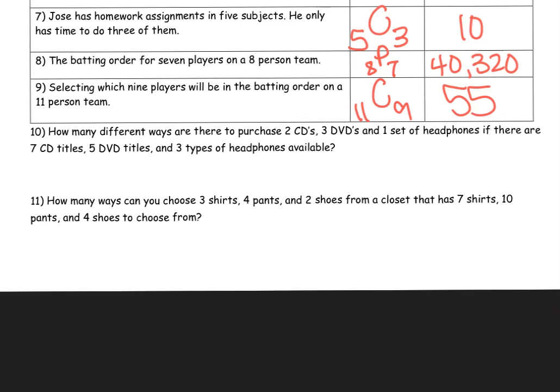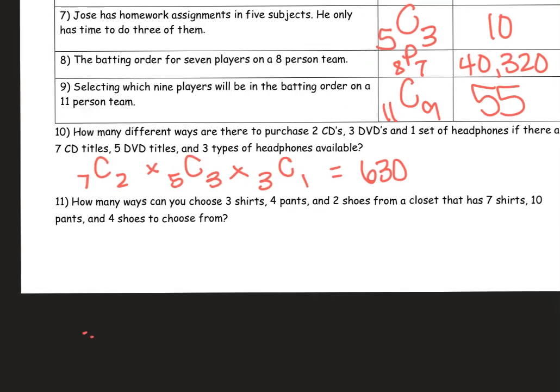So out of a total of 7 CDs, we are choosing 2. Then we have a total of 5 DVDs and we're choosing 3. We have a total of 3 headphones and we are choosing 1. Okay, so if we take each combination and multiply, we should get 630.